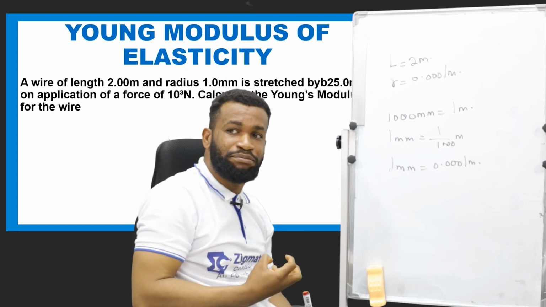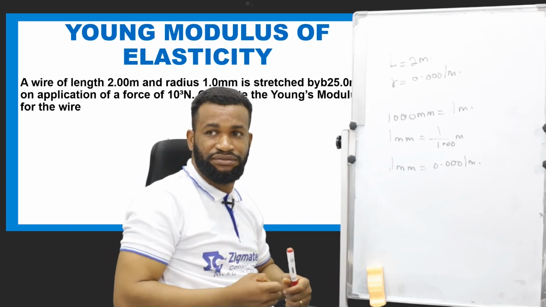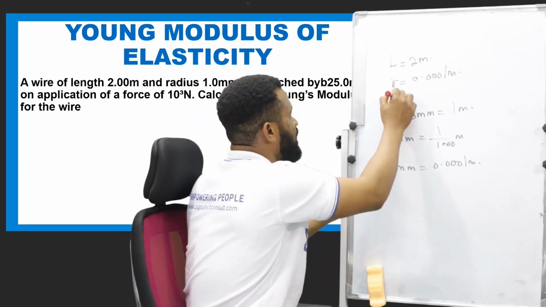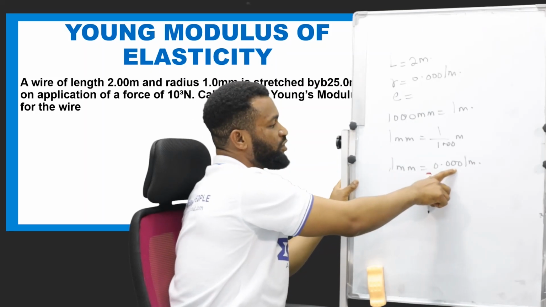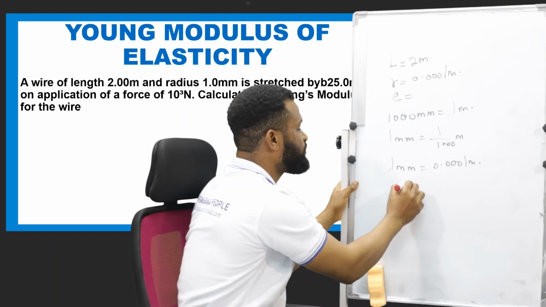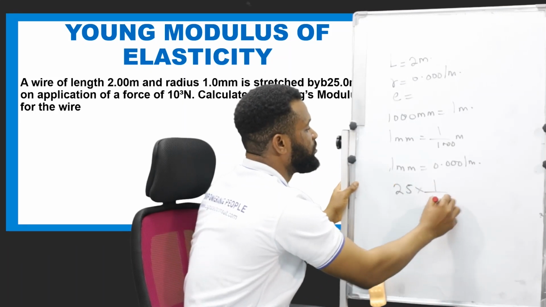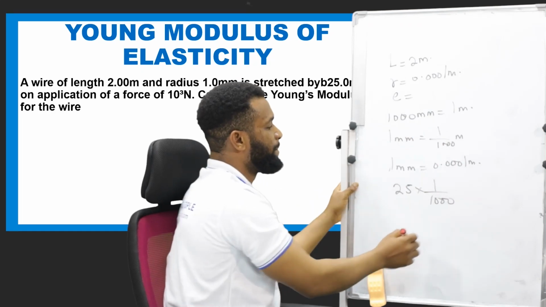Then it is stretched by, that means the extension is given as 25 millimeters. So I'm going to convert 25 times 1 over 1,000. Remember, 1 over 1,000 is 1 millimeter.